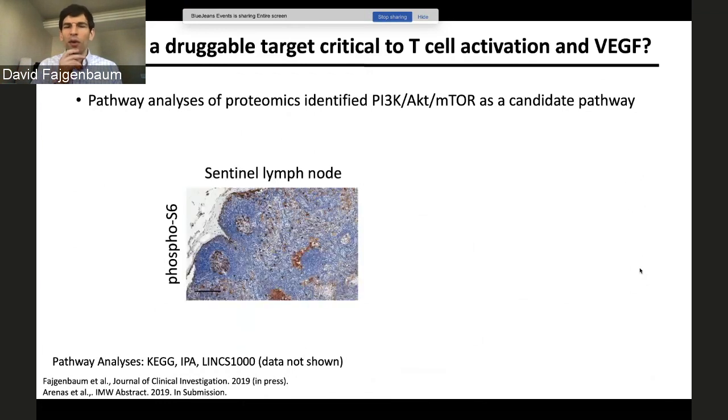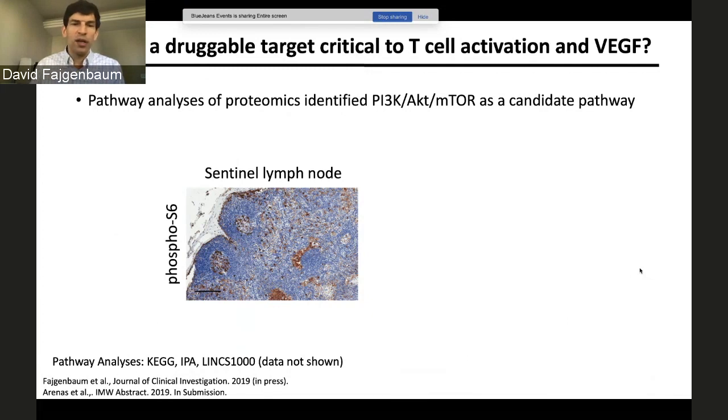And then we ran a really important experiment to look for mTOR activation in this patient's lymph node. So mTOR is critical for proliferation, in particular for T and B cell proliferation in the immune system, as well as for VEGF production. So we thought mTOR was a really interesting target.